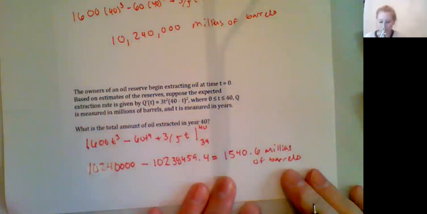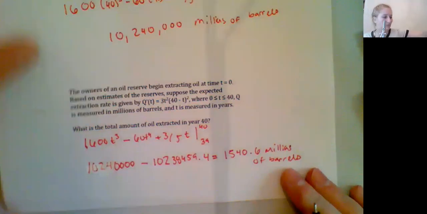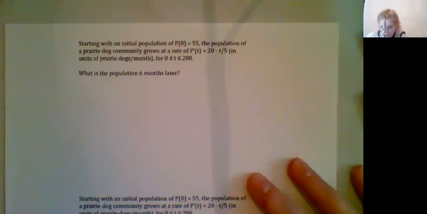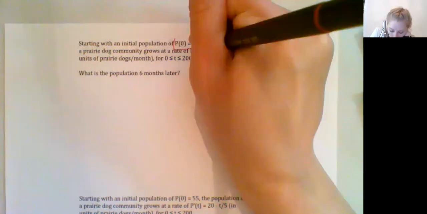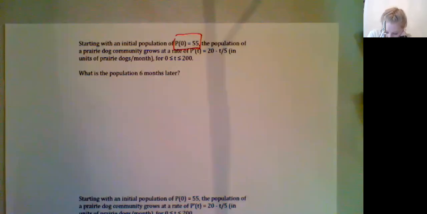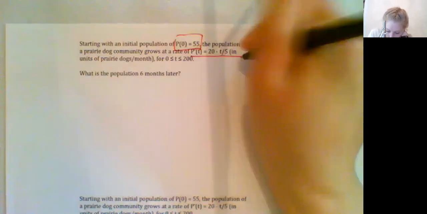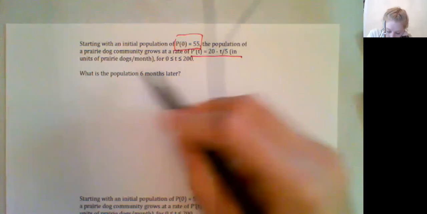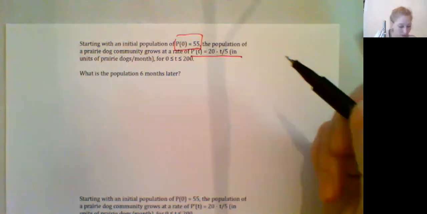All right, let's do another different example. We have some prairie dogs. Initially there are 55 of them. They're growing at a rate of 20 minus t over 5 prairie dogs per month. What's the population 6 months later?